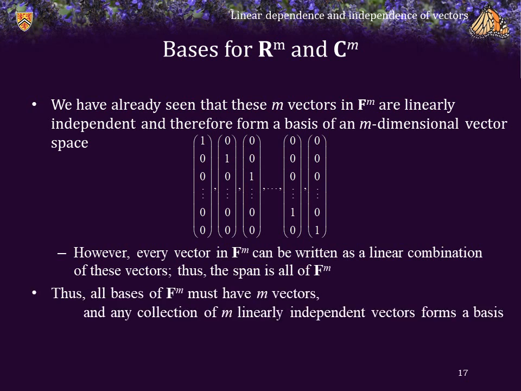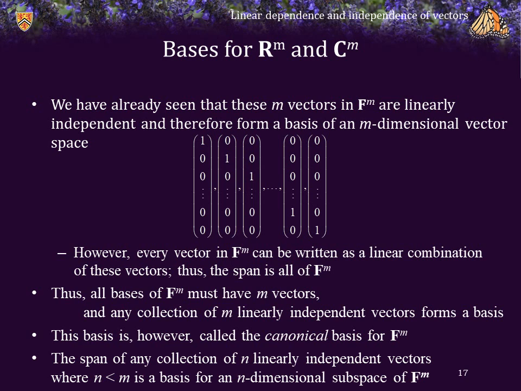Thus, all bases for F to the m must have m vectors, and similarly, any collection of m linearly independent vectors in F to the m forms a basis for that vector space. This particular basis above, once again, is called the canonical basis for F to the m.